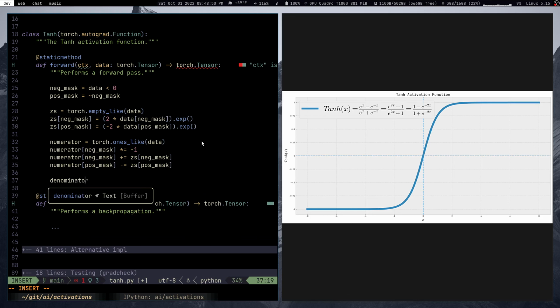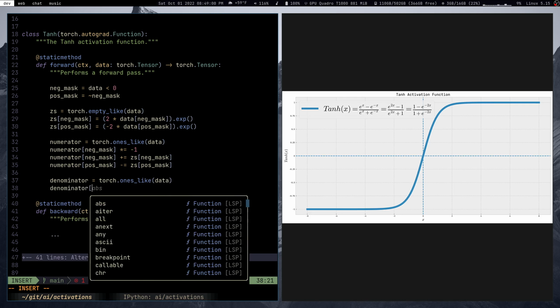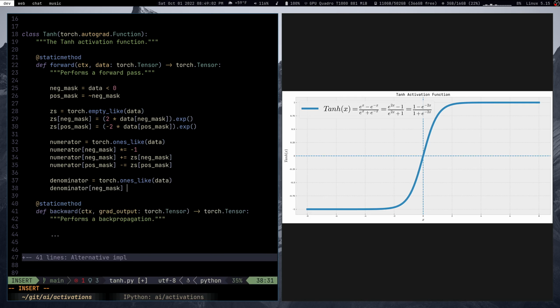We also need the denominator. Initially, we can do again a tensor of ones with the same shape as data. Denominator at the negative mask, we're just going to add e to the power of 2x, so we're adding z at the negative mask.